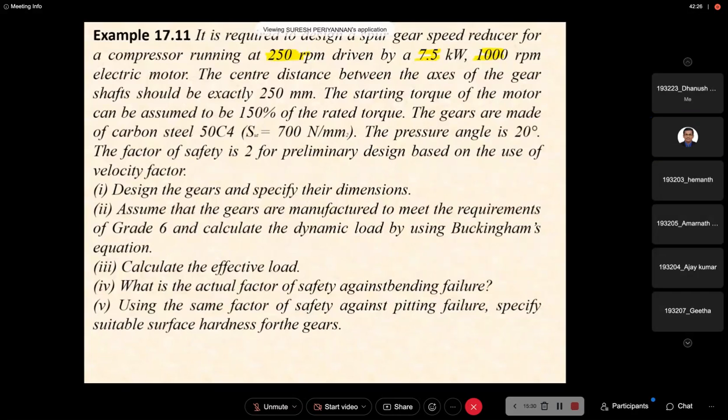Amarnath, are you saying 250 rpm belongs to the gear speed? Sir, 1000 is for pinion, and 250 is for gear. Just think: pinion is the small wheel, gear is the bigger wheel. Now you tell me which one is the right answer. Which one has the higher speed, pinion or gear?